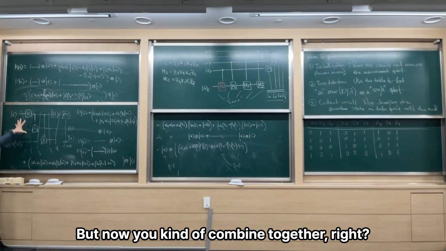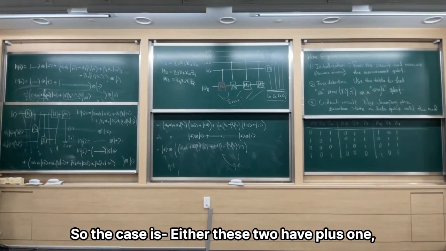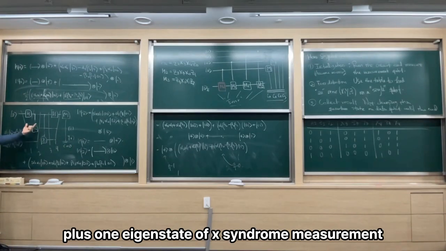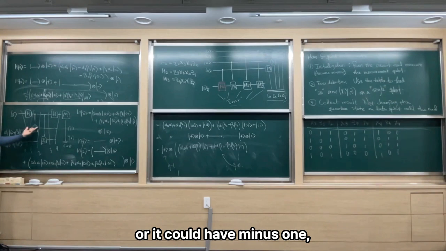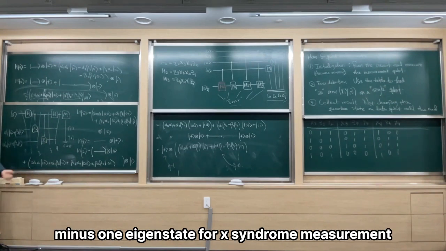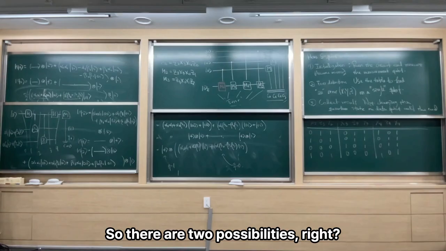But now you combine them together, and you got the C0. So the case is either these two have plus 1 eigenstate of X syndrome measurement and Z syndrome measurement, or it could have minus 1, minus 1 eigenstate for X syndrome measurement and Z syndrome measurement. So there are two possibilities, right?